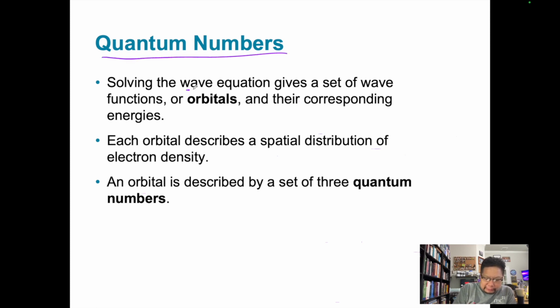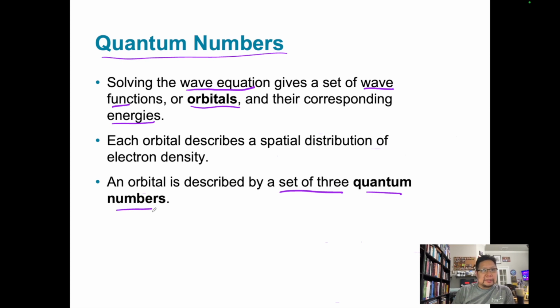Well, when we use the wave equation to solve for the wave function, what it gives us is the energies of the orbitals. And those orbitals can be described by a set of three quantum numbers, right?